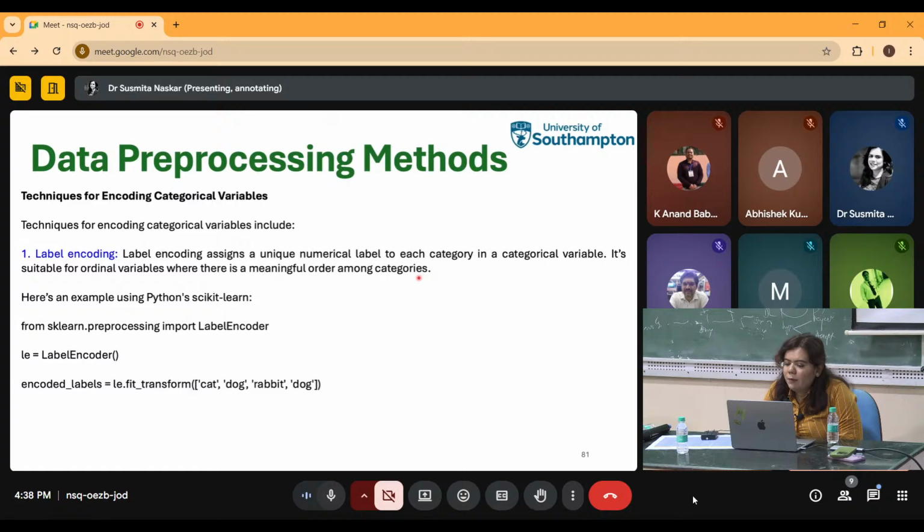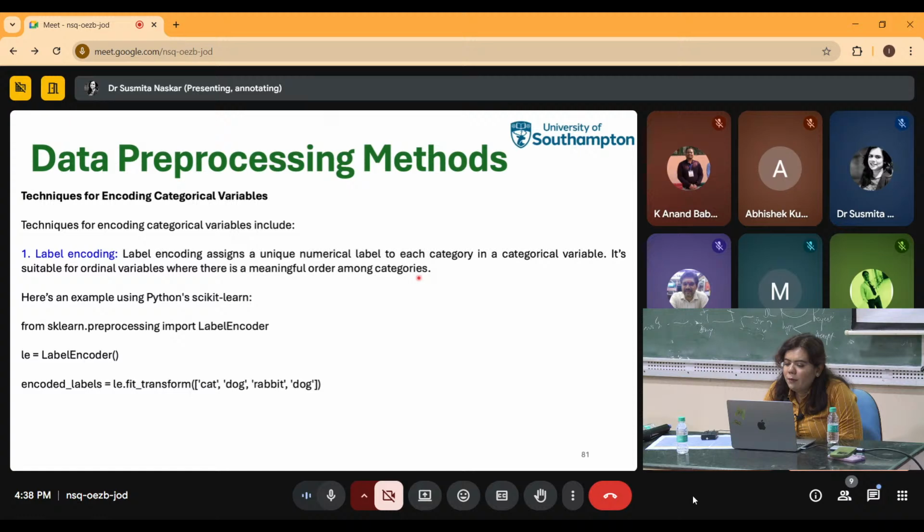However, for nominal variables, which have no order, label encoding may unintentionally introduce a false hierarchy. To demonstrate how label encoding works in Python, MATLAB, or whatever you use, we import the label encoder, create an instance, and then fit and transform a list of categories to numerical labels.